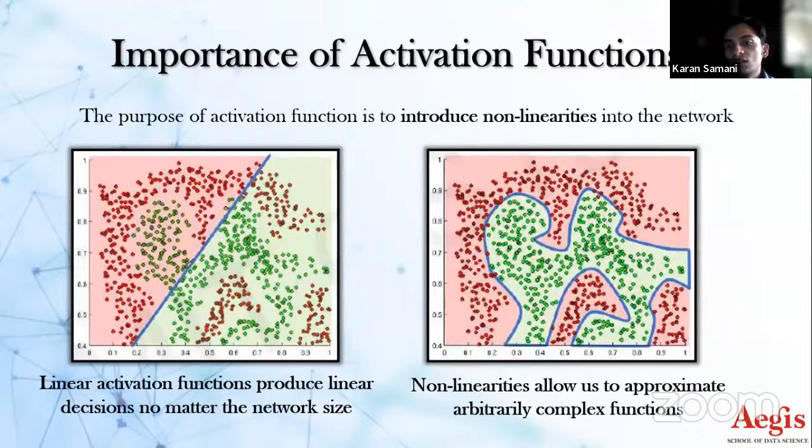Something in the red zone is categorized as A, and something in the white zone is categorized as B. For example, something in the red zone is categorized as dog, and something in the white zone as cat. In this way we can make our prediction more accurate, and we can also take into account the non-linearity of the data. This is why we use activation functions in neural networks.